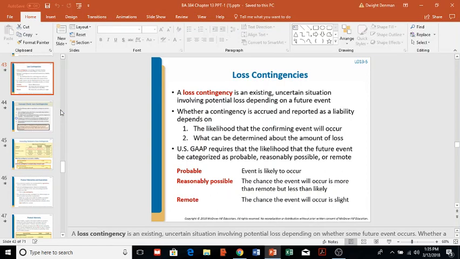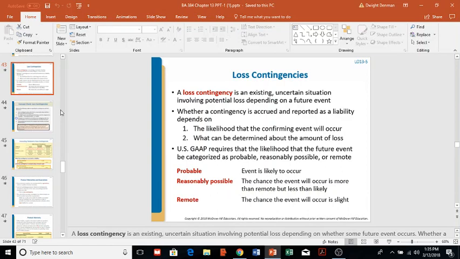And so if the likelihood that the confirming event will occur is probable and also estimable, then it must be accrued.